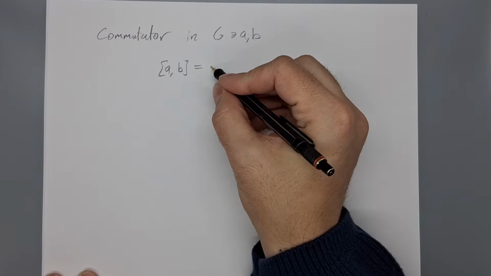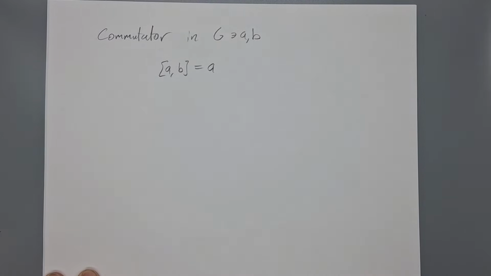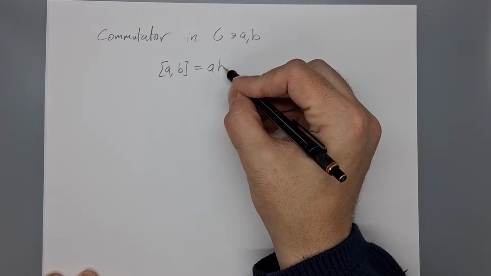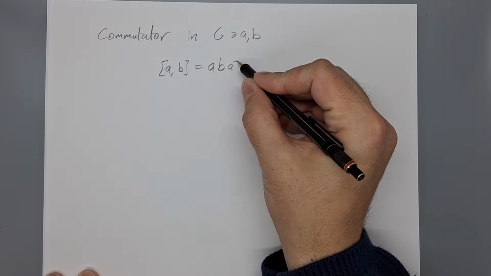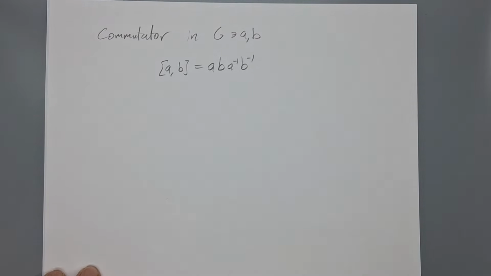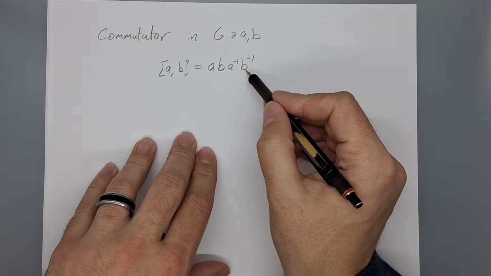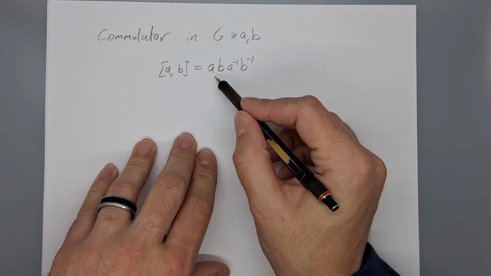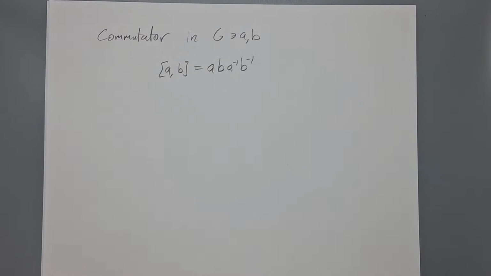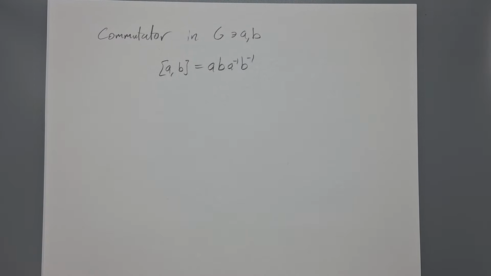And what it means is I do A, I do B, then I do A inverse, then I do B inverse. Or really, if you think about how this acts, I would do B inverse, then A inverse, then B, then A. So up to a relabeling, this is a commutator.